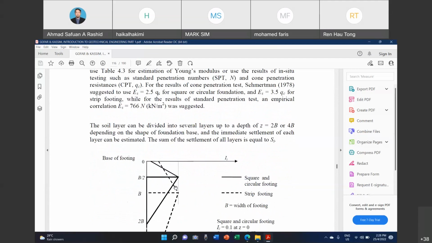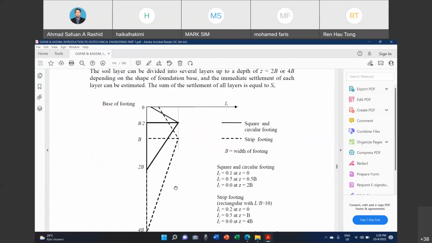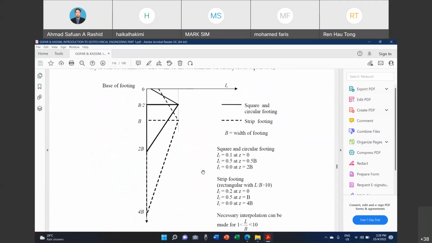While for the Iz, we may refer to this diagram, and it is based on the type of the foundation. If square and circular footing, we follow the solid line. When the depth of the foundation is located at 0, then the Iz value is 0.1.